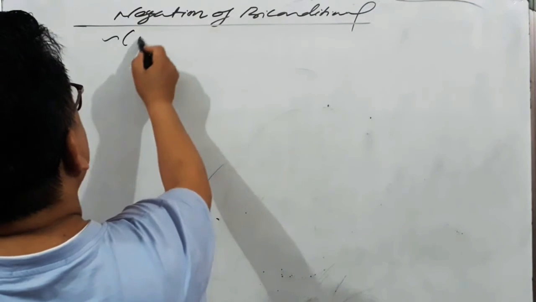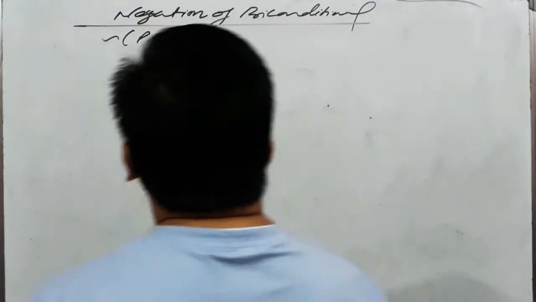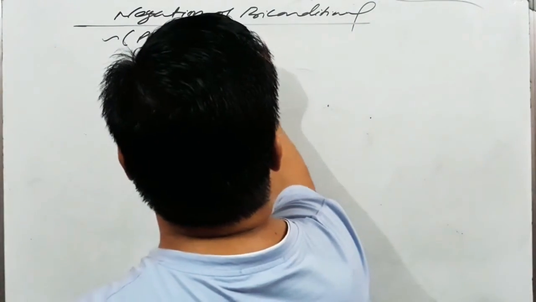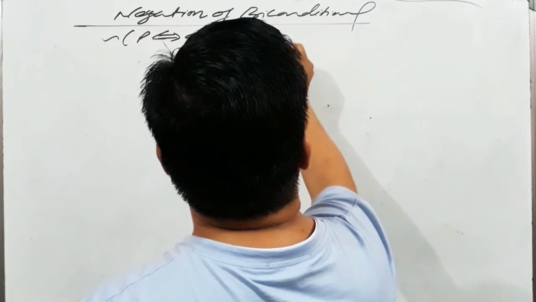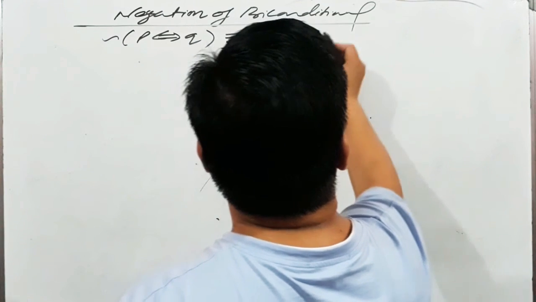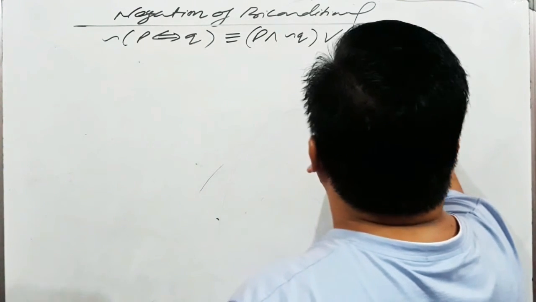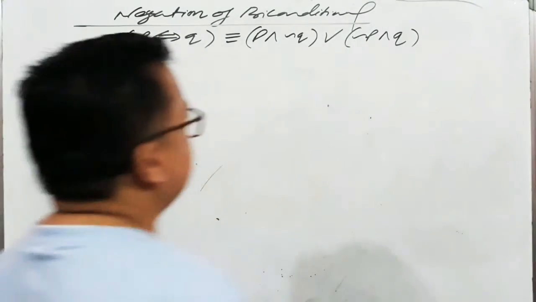So let me write down the formula. The negation of P if and only if Q is logically equivalent to P and negation Q, or negation P and Q.